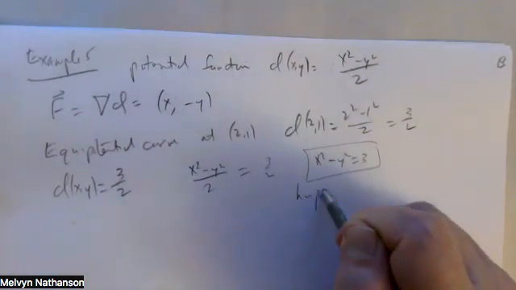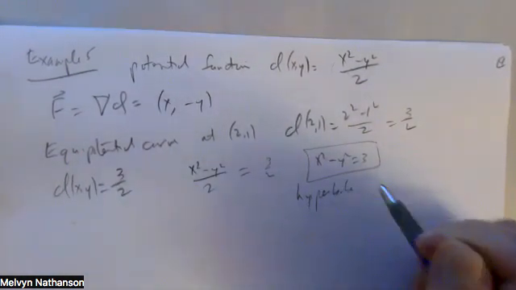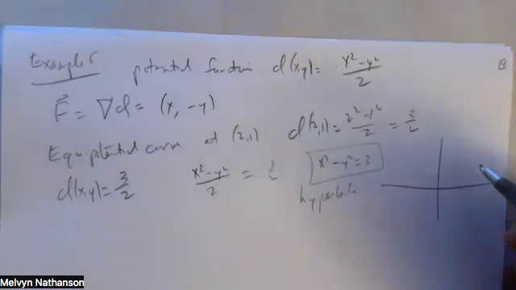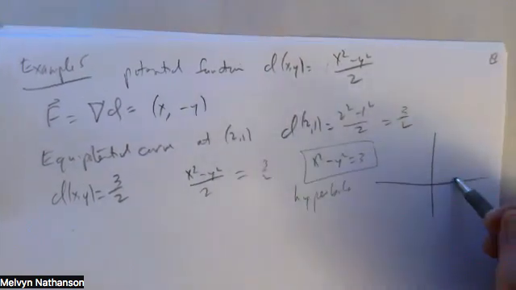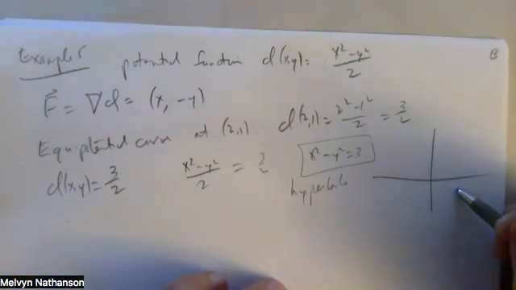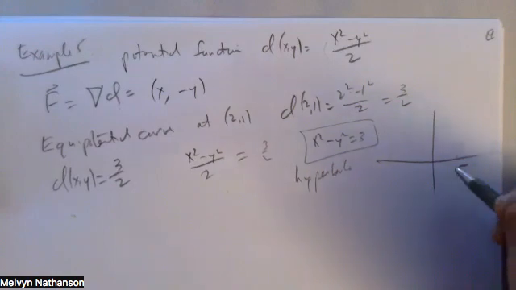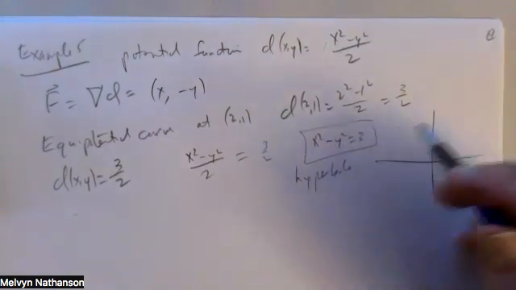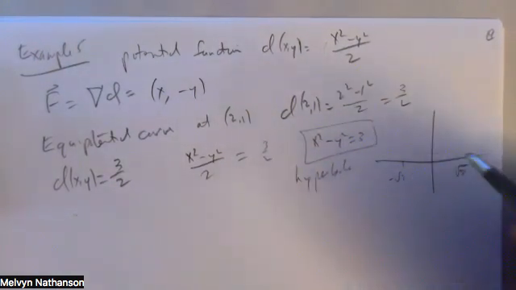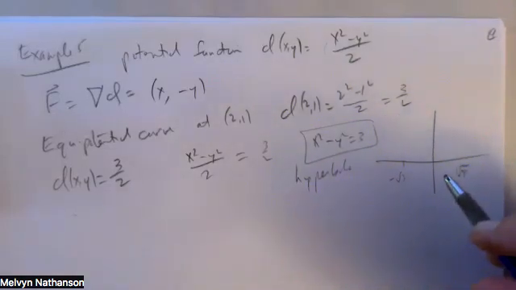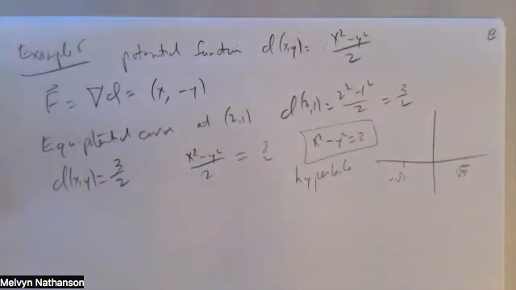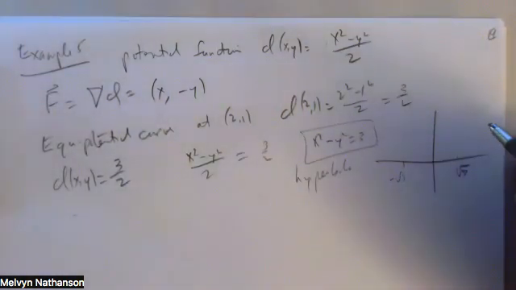This is a hyperbola, right? When y is 0, x is the square root of 3, or minus the square root of 3, and you get a hyperbola that looks like this.